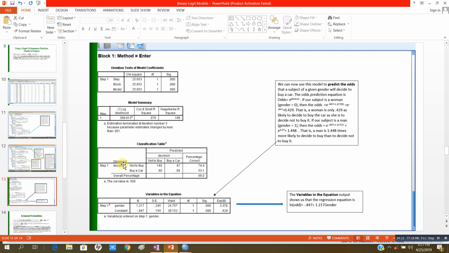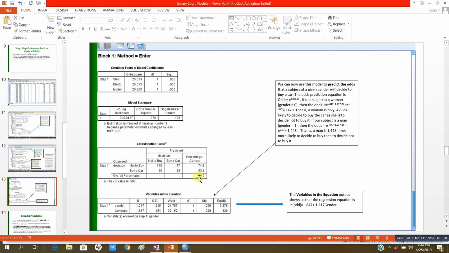This 140 means that the predicted and the observed are correctly specified, and the observed decision to buy a car is not predicted by this model. So the overall prediction of this model is 66.0.